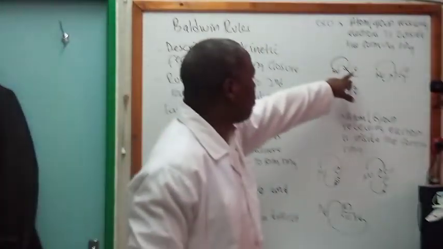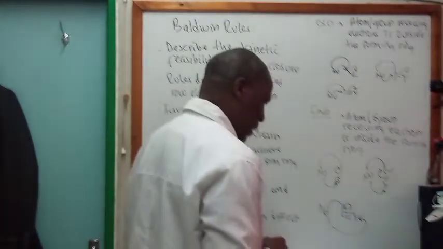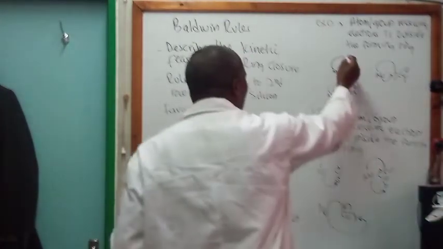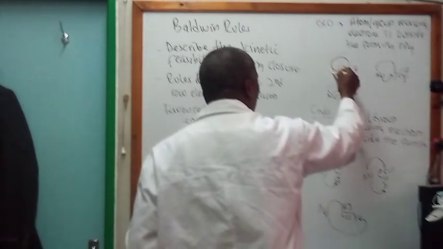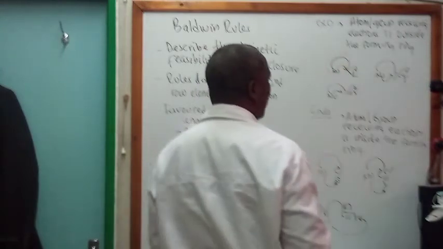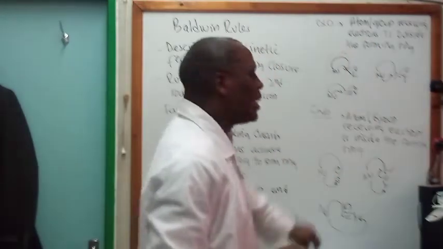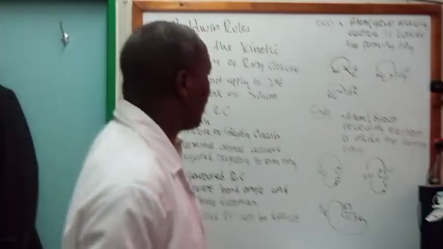The one which I'm showing in red is the ring which is forming. Can you see that? So the group which is leaving or which is receiving electrons is outside that ring which is forming.